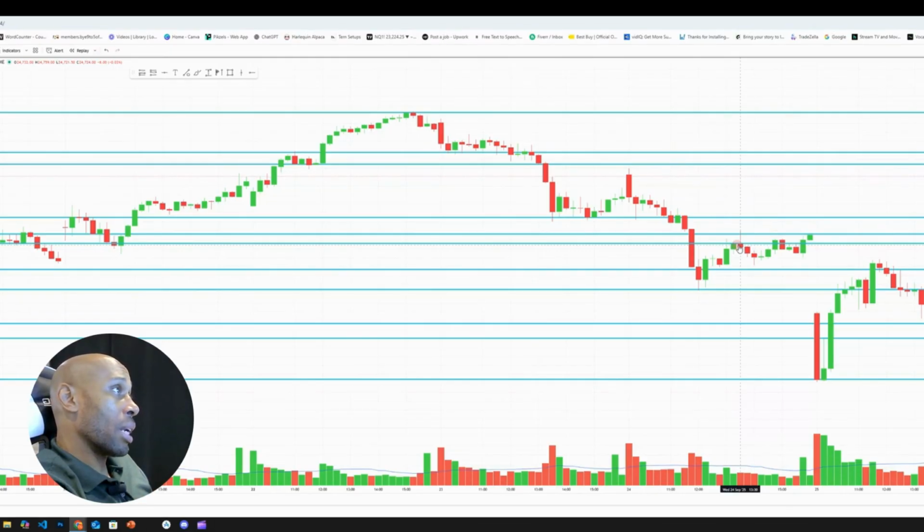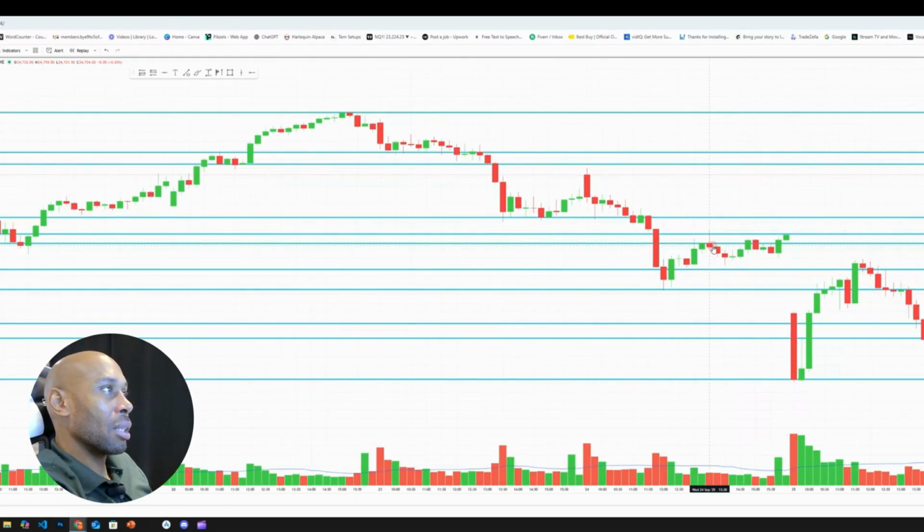Even though you're looking at the candle on a 15-minute, it doesn't look that significant of a candle. But if you're trading on a small time frame, I enter my trades on a 30-second time frame. Some people use a minute or a 2-minute. That is still a significant move down here to pretty much down here to the next price level, which wound up being a support level too.